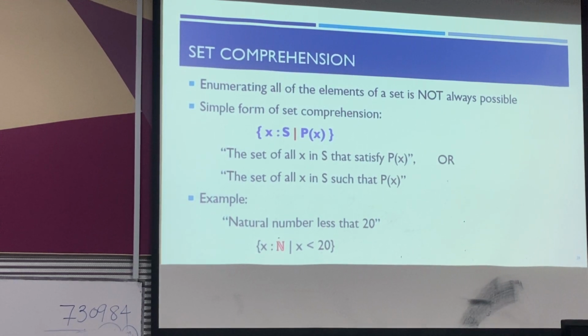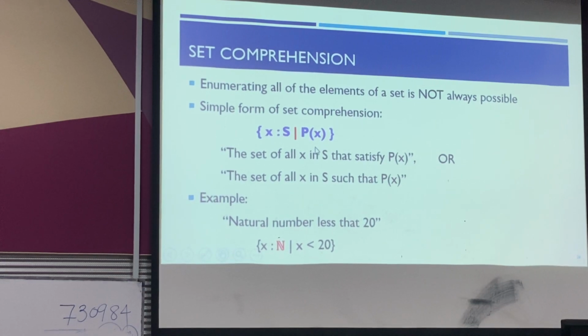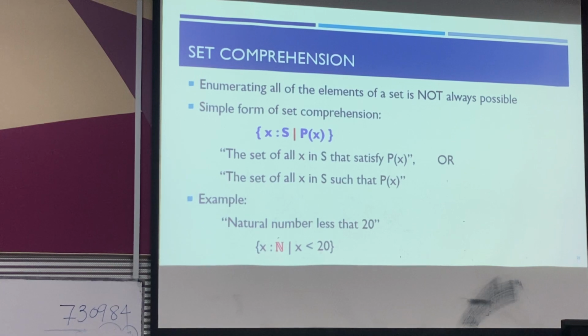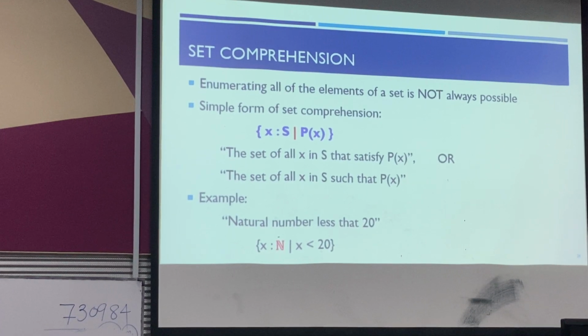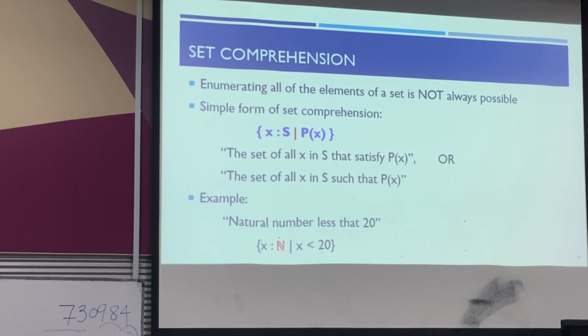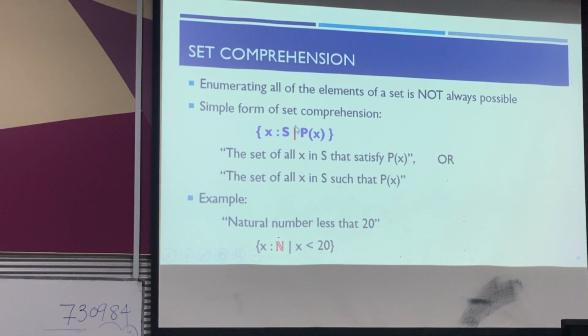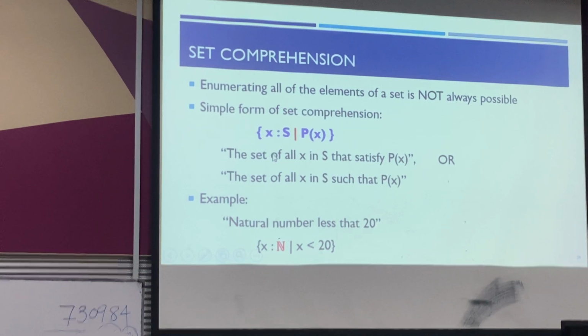Okay, for set comprehension, actually the simple form is the one that you use in your tutorial. The simple form consists of only two parts. The first part is what we call the variable declaration.